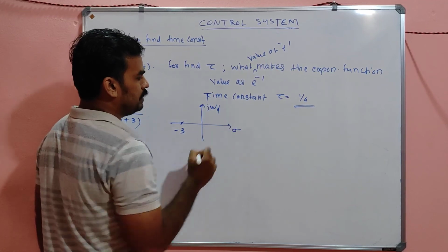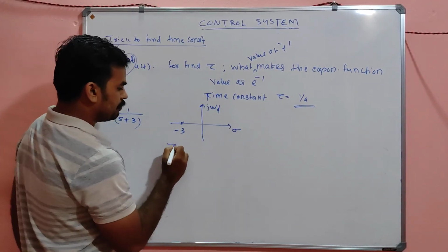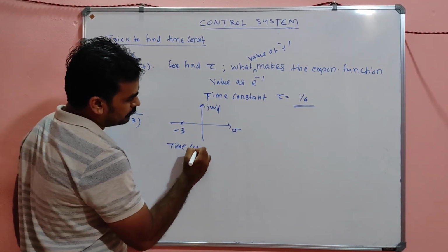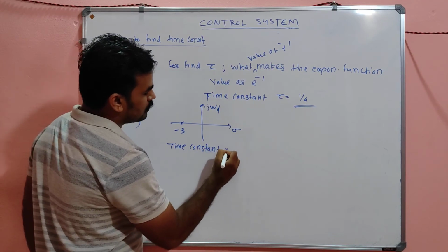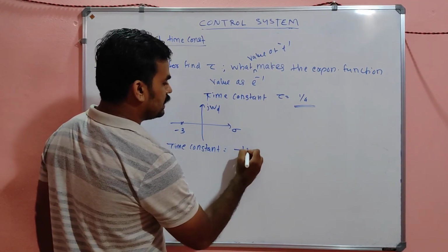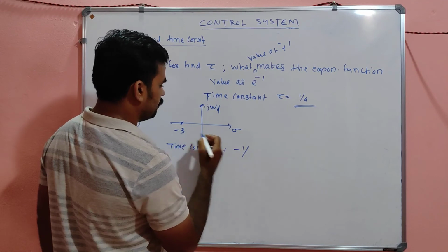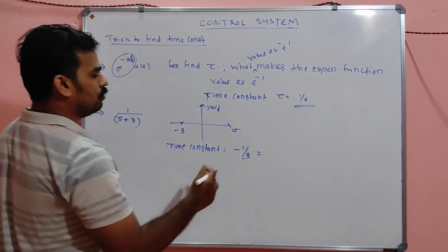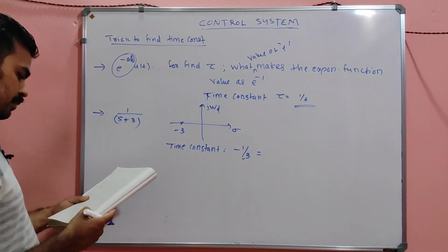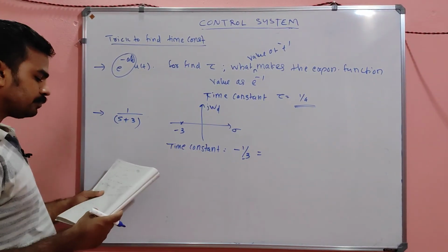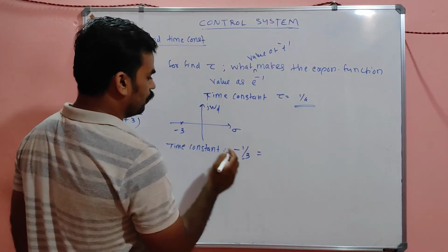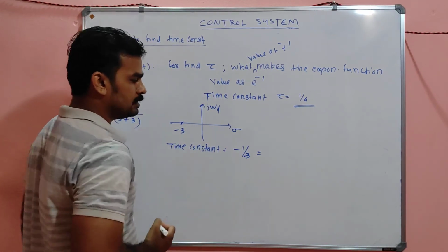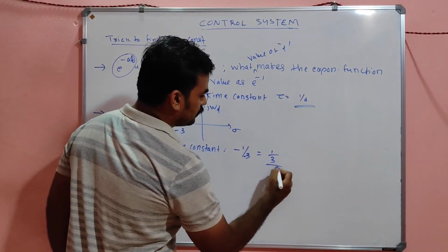So the time constant here will be -1 by the pole value. It is -3 now.